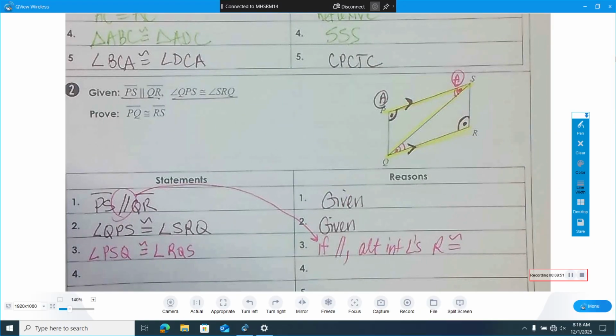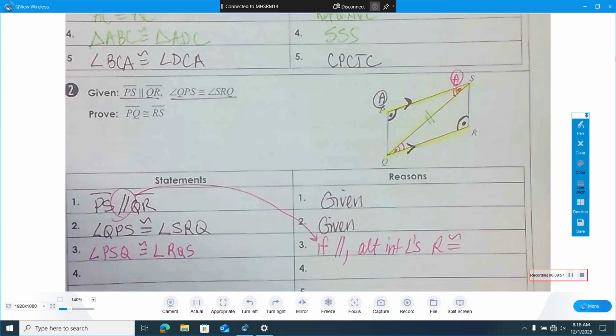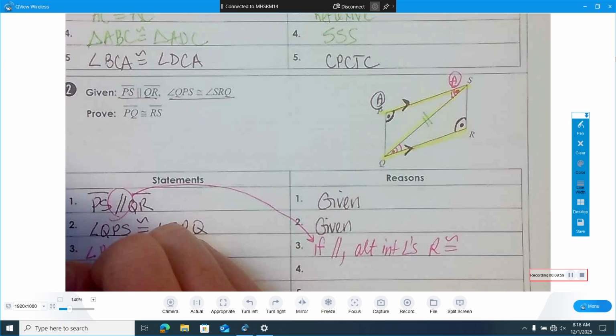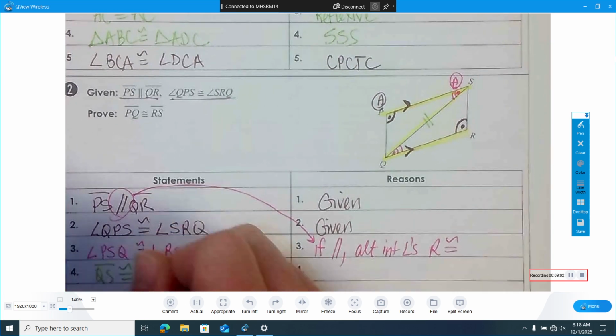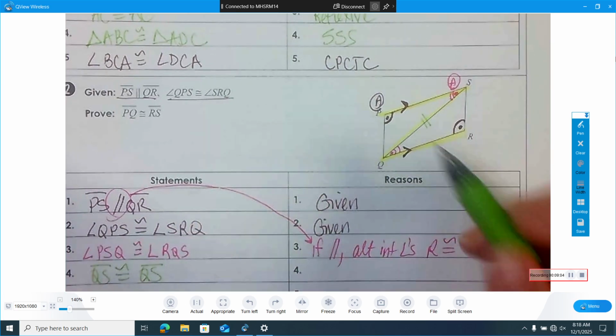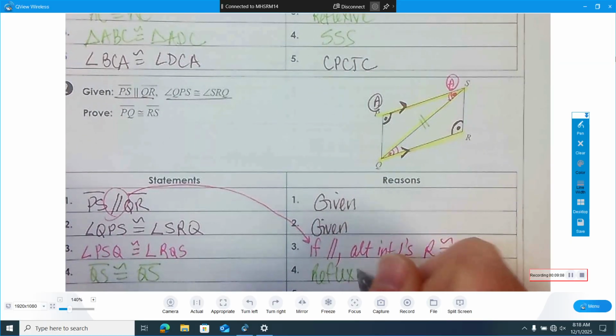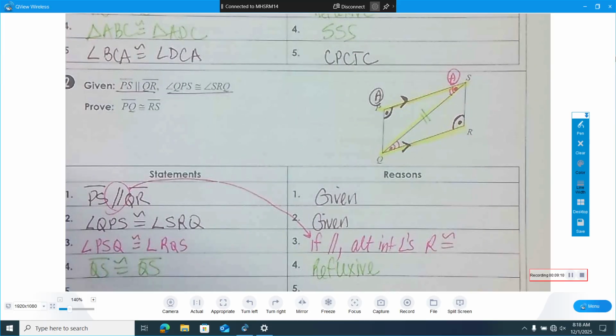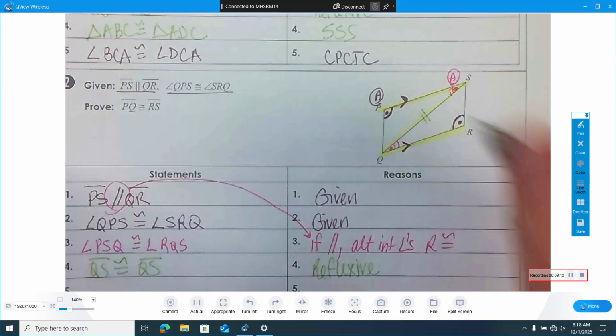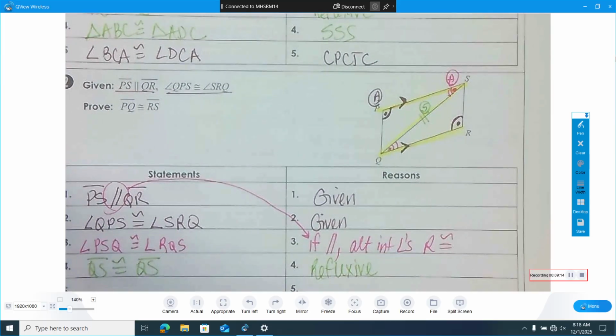And then what else do you know from this picture? Reflexive, yeah, QS. Segment QS is congruent to segment QS. It is in both triangles. It is a reflexive side because it's part of both. All right, so that is a pair of sides in both triangles.